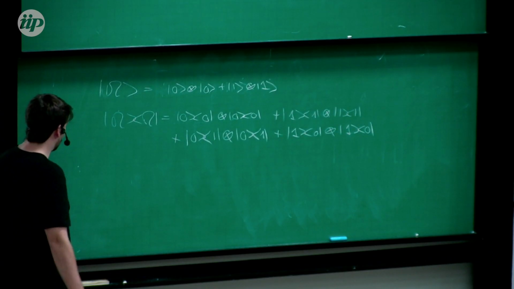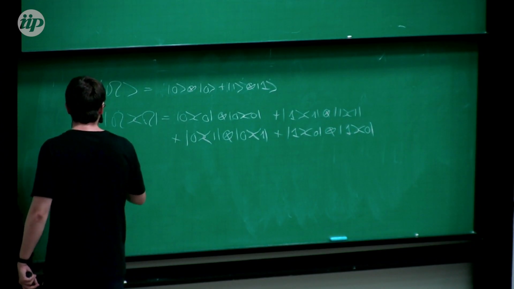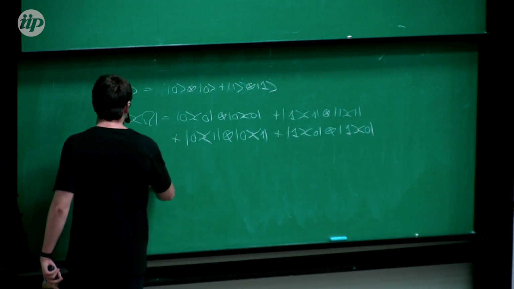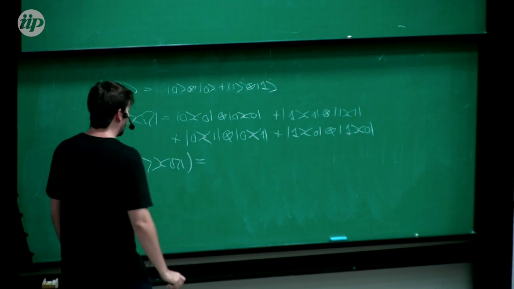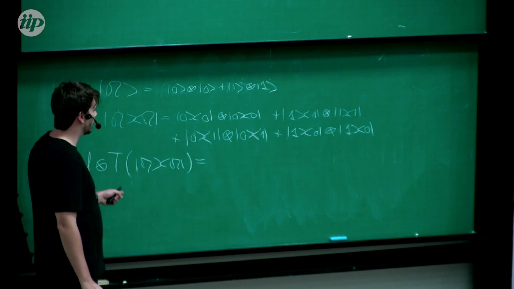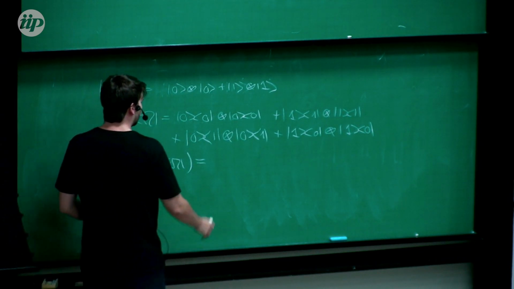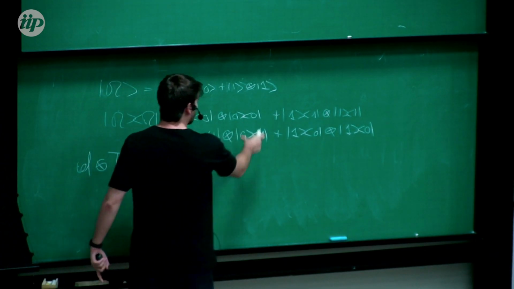Now, if we do the partial transpose, what do we have to do? I'm making it act on the second system. So we do nothing to this bit of the matrix, and we do a transpose to the second bit.